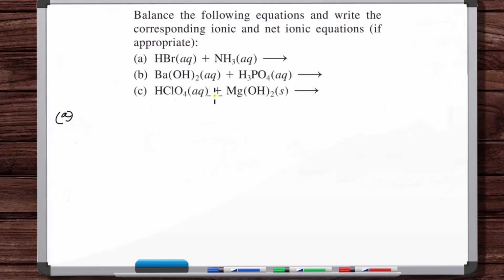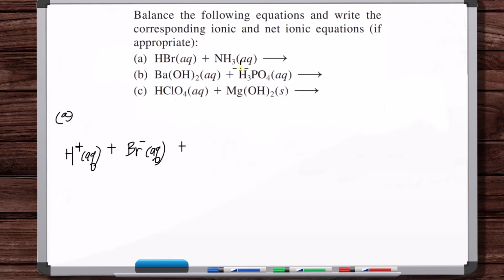So, okay, HBr is a strong acid, so we're going to put it in the ionic equation as it's dissociated. Okay. Now, what do we do with NH3 here? Because this is confusing in that this doesn't dissociate, right?